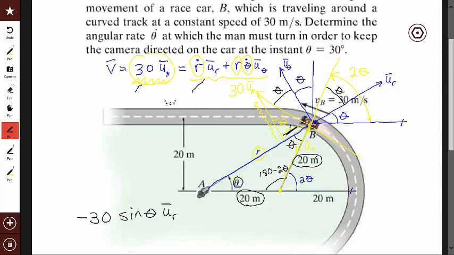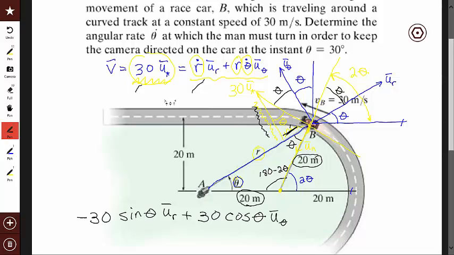The 30 UT also has a component right here. So I want to know what that is, and that's going to be the magnitude 30 times the cosine of the angle theta, and it's pointing in the U theta direction.